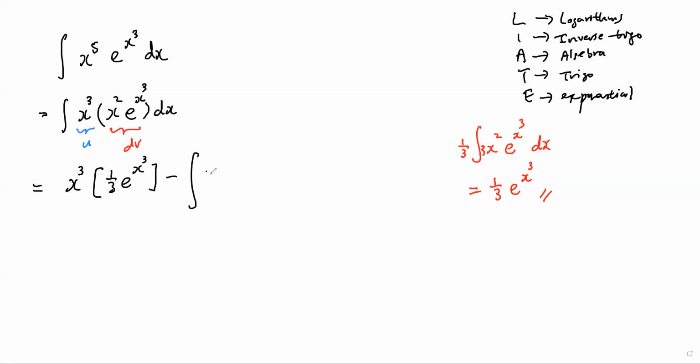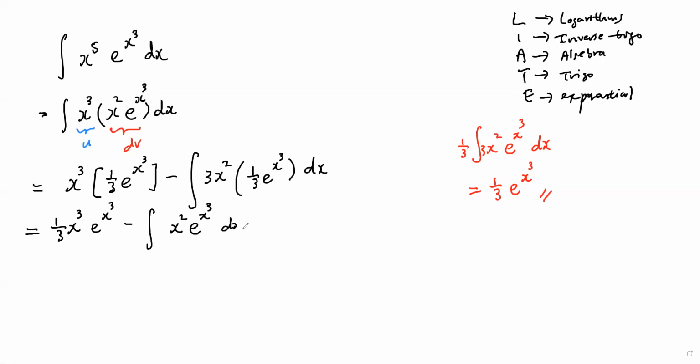So du would be 3x squared, and v is still 1/3 e to the power of x cubed. This looks pretty good, much better than before. This is 1/3 x cubed e to the power of x cubed minus 3 times 1/3, no more, so this is x squared e to the power of x cubed.